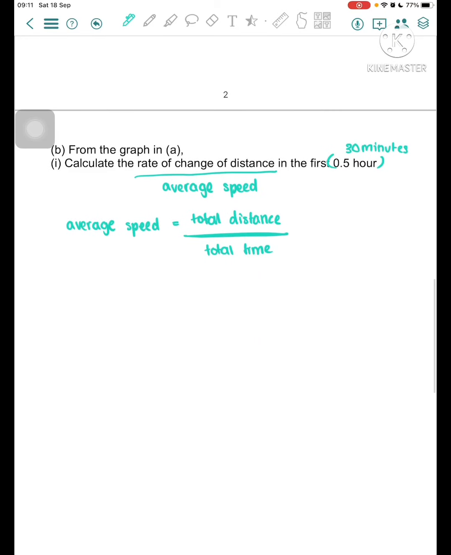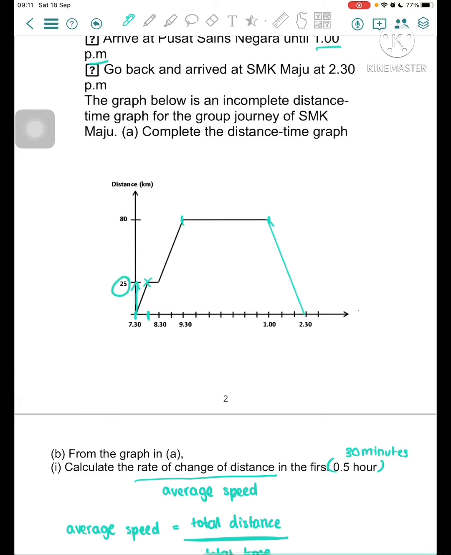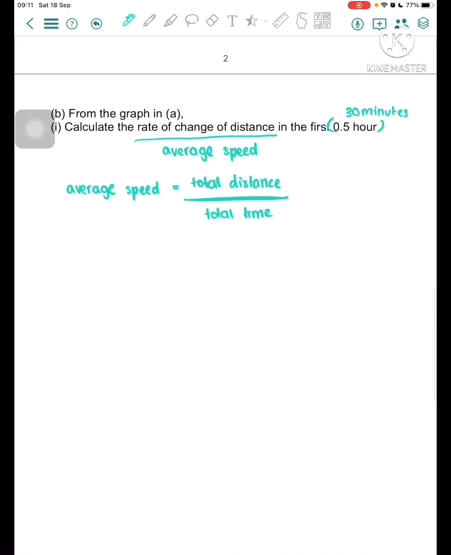So ignore that. So 25. So the total distance is 25 km over total time 0.5 hour. Then do the equation, it is equal to 50 km over h. And this is the answer.